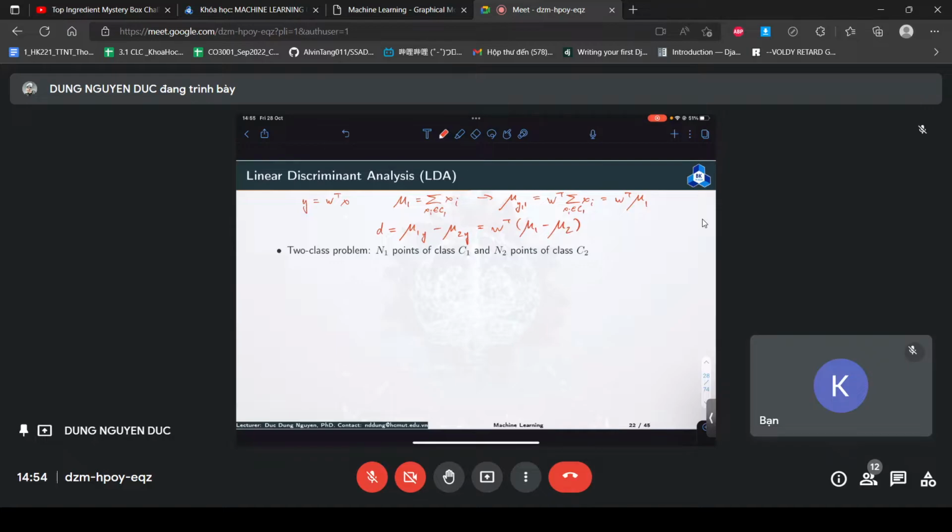Okay, so this is the projected distance between two classes, and you want to maximize this thing. All right, that's the first concept. But remember, this subtraction, of course, this projection may not give you a positive number, maybe a negative number. So you have to think about it.